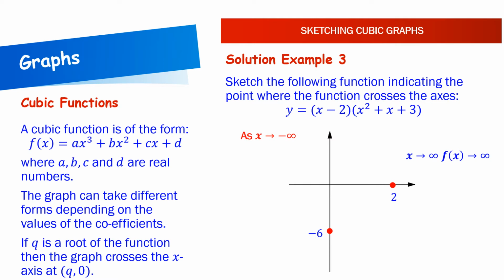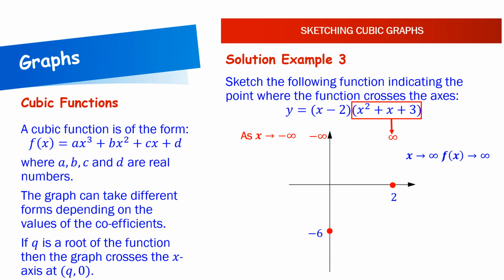Also, as x tends to minus infinity, x minus 2 tends to minus infinity, and x squared plus x plus 3 tends to infinity. Now you might be thinking, why is that? Because x squared tends to infinity, but x tends to minus infinity.